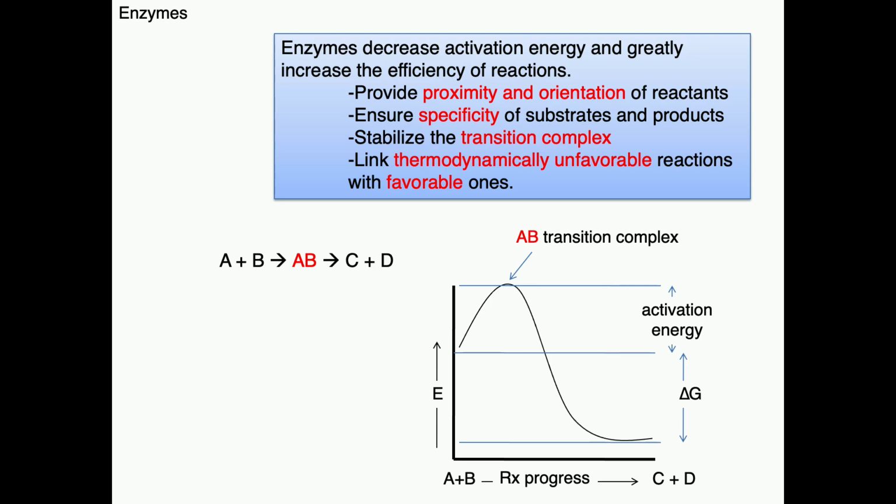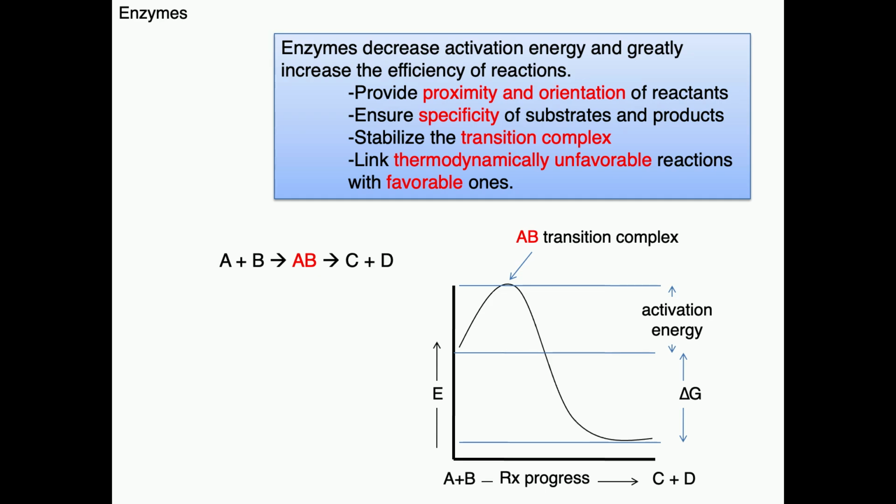If A and B come together to make C and D, there's this point here. This is going to be the maximum strained point and the maximum potential energy of the system, when you've got bond angles that are strained to the maximum amount before they break.